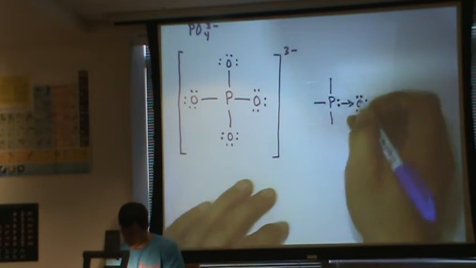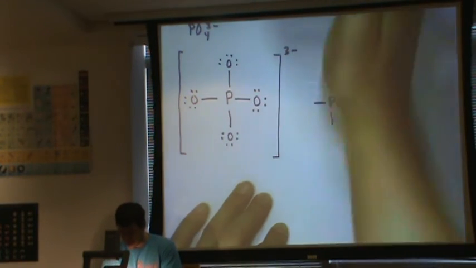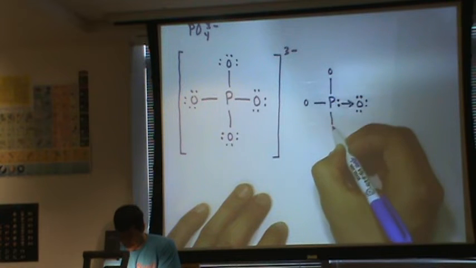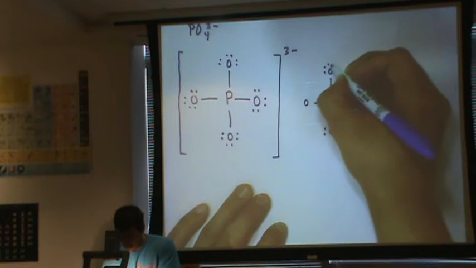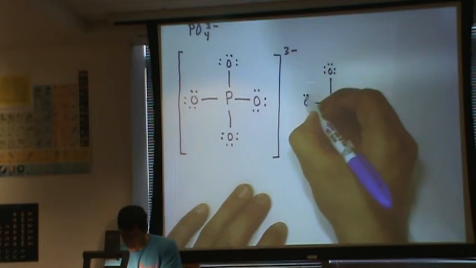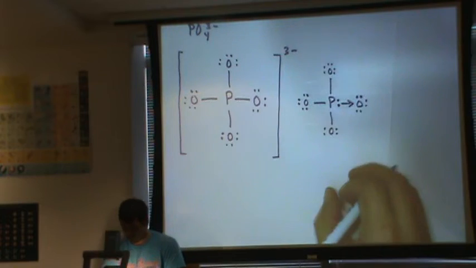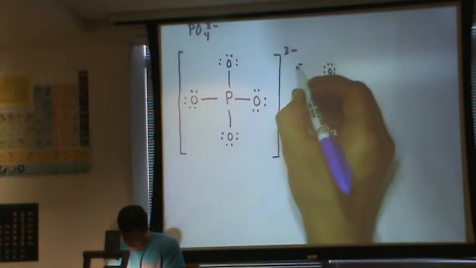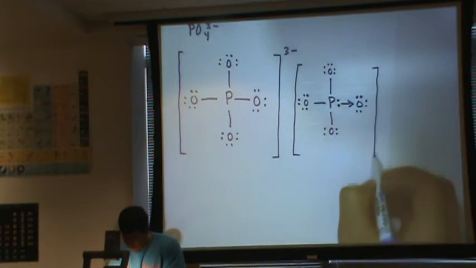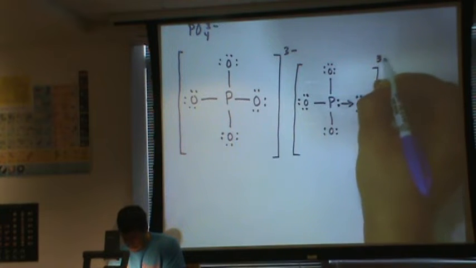And that's what this coordination is. It's coordinating towards the oxygen. And you especially see this, like I said, in metals with oxygen, where the oxygen is giving its electrons towards the metal. It's coordinating towards it. Again, we have to write our brackets because it's charged. 3-.